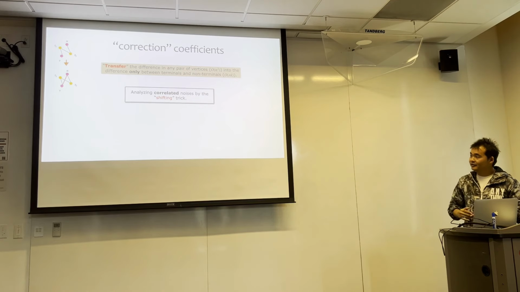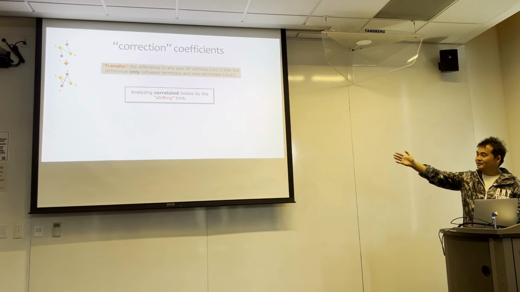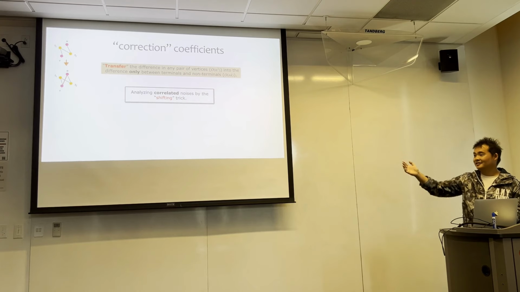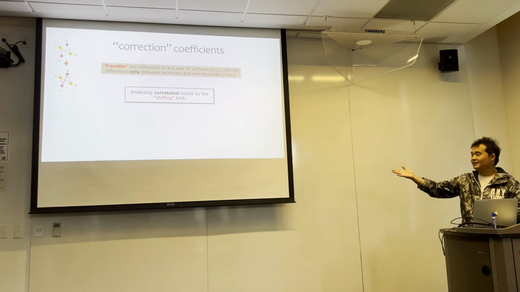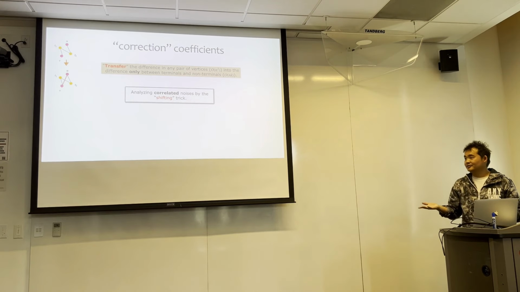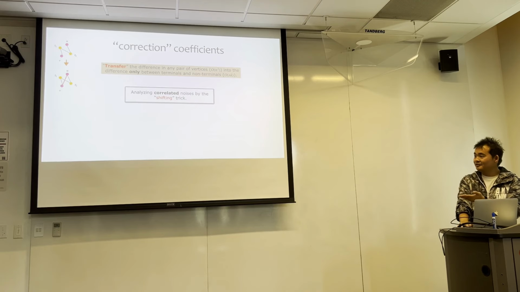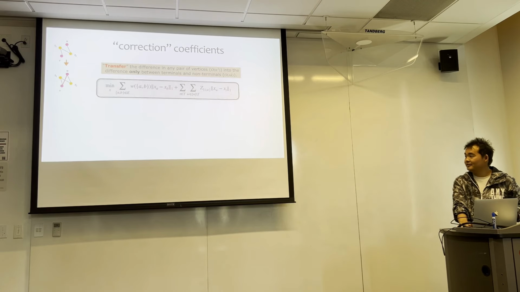So if u and v are terminals, then it is already private because we are adding noise between them. When both u and v are non-terminals, there is no noise between them, and we still want to show privacy.